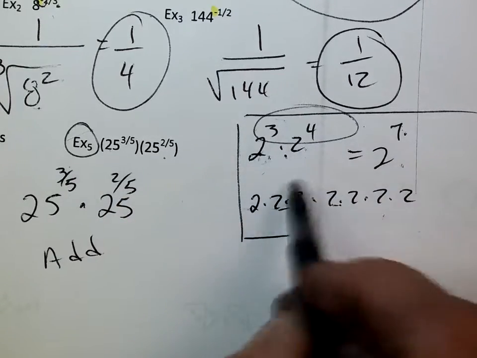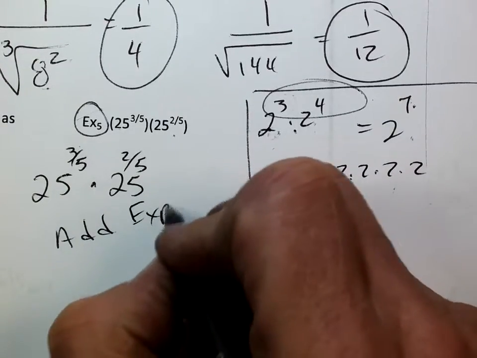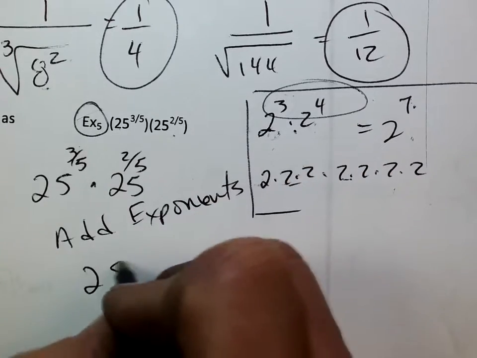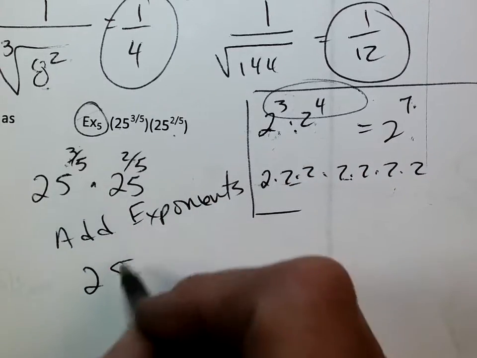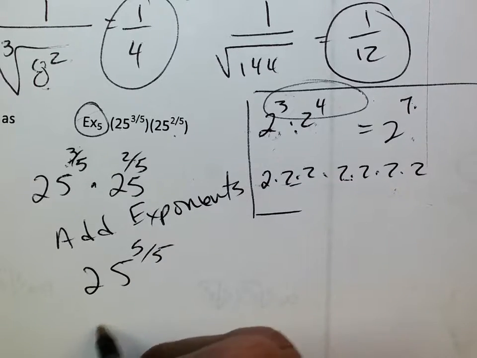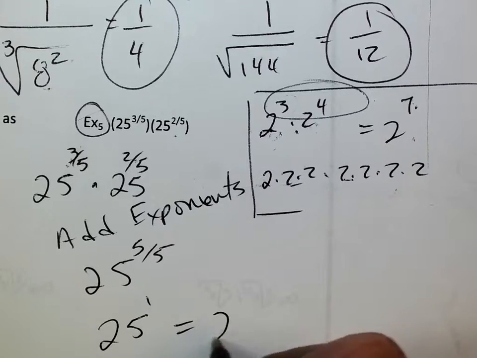Just like we added fractions over here, we're just going to add our exponents. So we get 25 to the 5/5, which is 25 to the 1, which is just plain old 25.